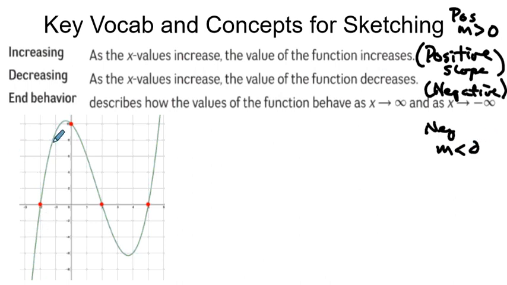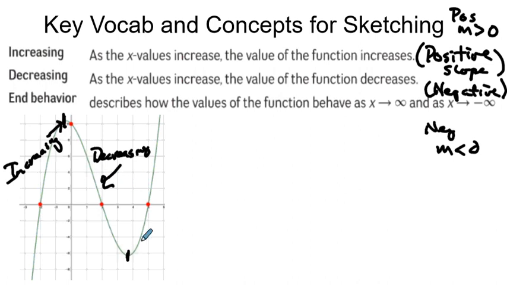So in this example right here, we can see that this thing is increasing until it gets here. And then from here to about here, it's decreasing, all right?